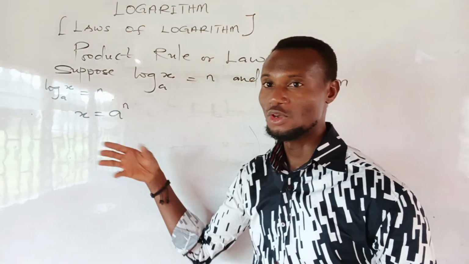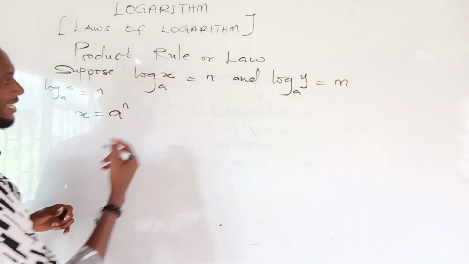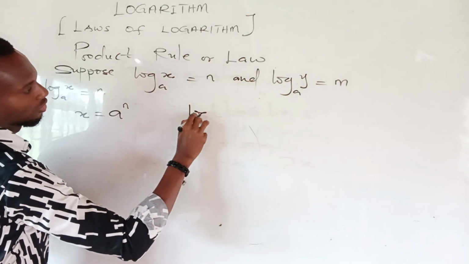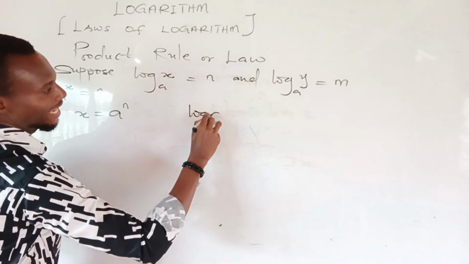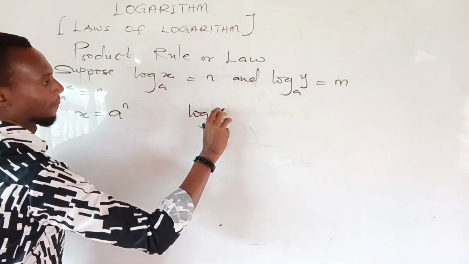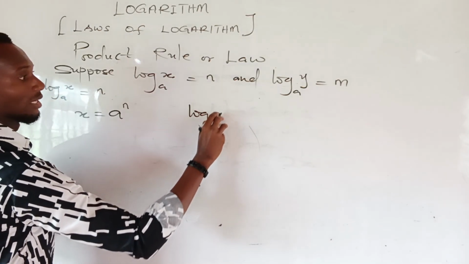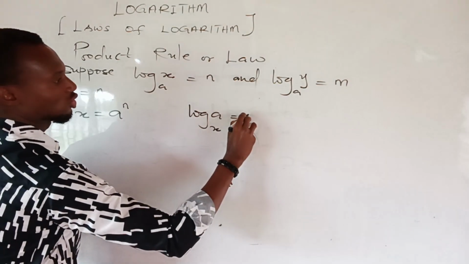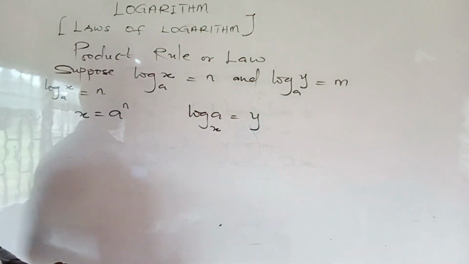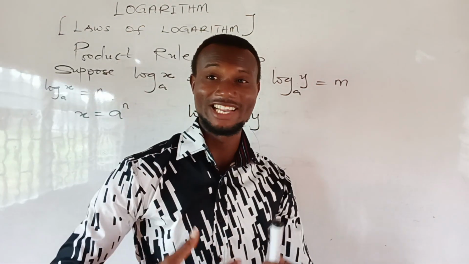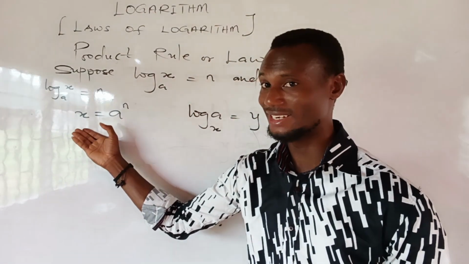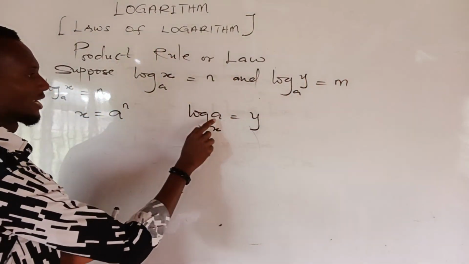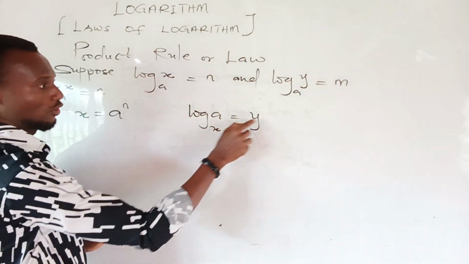So if I have something like this, let's say I have log a to the base s equals y. I want to use this one to explain it further so you can understand.